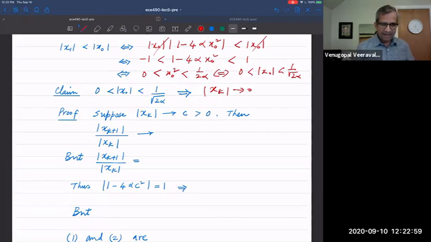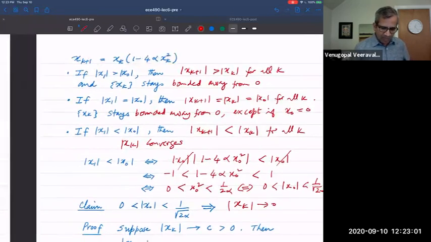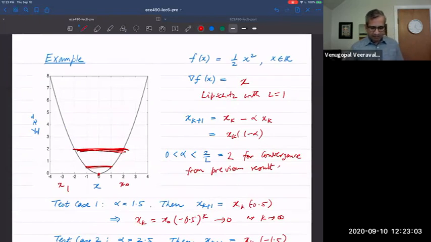So any questions? So the bottom line is that if the gradient is Lipschitz, and if my step size is chosen carefully, I can guarantee convergence. If the step size is chosen too large, then I may not have convergence, and I could have divergence, it could blow up, or I could have oscillation.